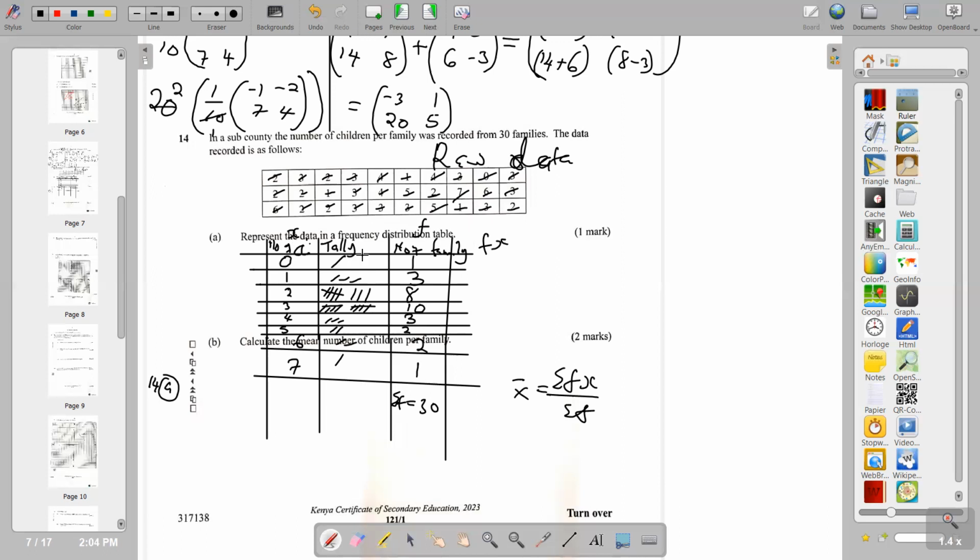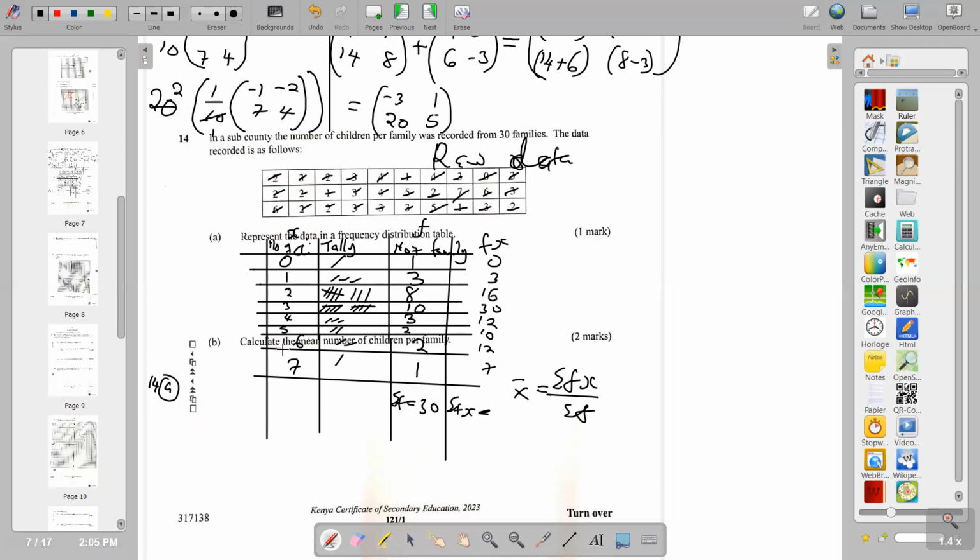Just multiply 0 times 1, you get 0. 1 times 3 is 3. Then 16, 30, 12, 10, 12, 7. So you can just add that column there so that you have summation fx.